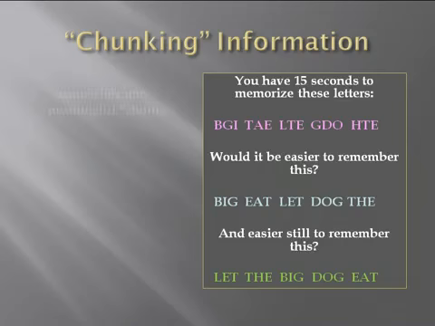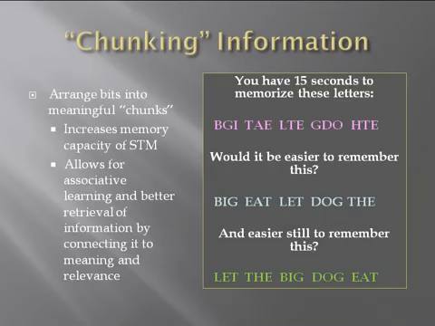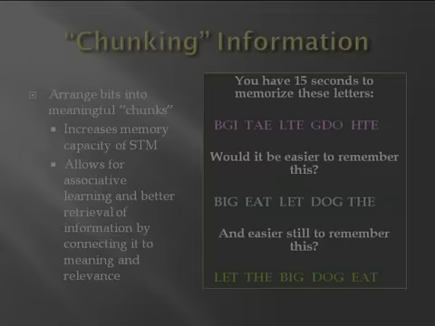Now we have a concept, one singular concept that represents those 15 bits of information. So instead of 15 pieces of disjointed information, or 5 pieces of slightly organized information, we now have one sentence representative of those same pieces of information. Let the big dog eat.